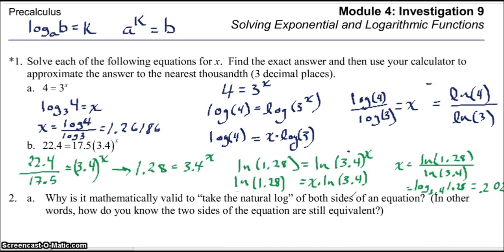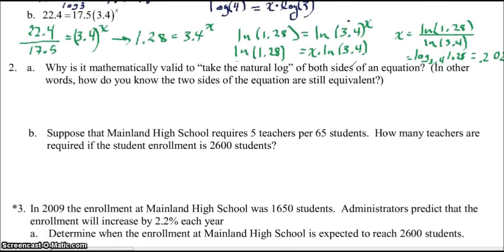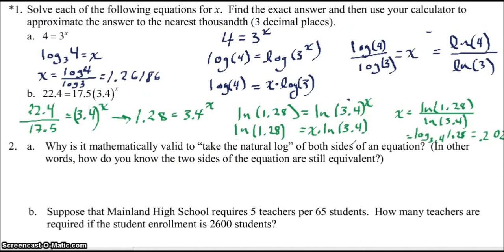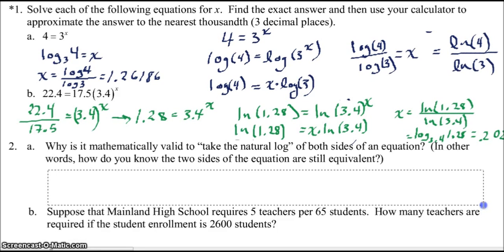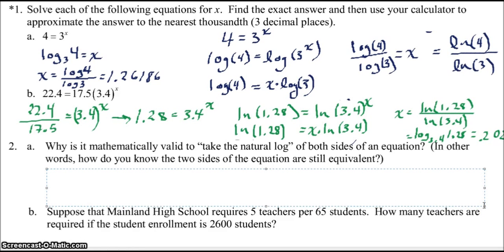So in part A, I was really supposed to just go to 3 decimal places, 1.262, but anyways, that's not too important at the moment. So in each of these problems, we could take a log of both sides. It says, why is it mathematically valid to take the natural log of both sides of an equation? In other words, how do you know the two sides of the equation are still equivalent?